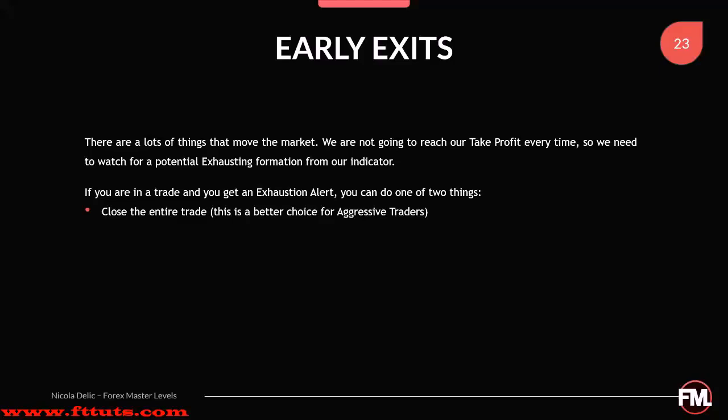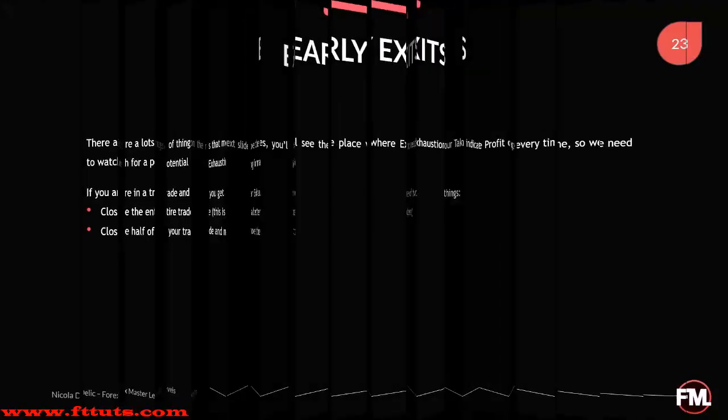Close the entire trade. This is probably the better choice for aggressive traders. Or close half of your trade and move the stop loss to break even, just to make sure that you can't lose any money, but also pay yourself for taking the trade in the first place.